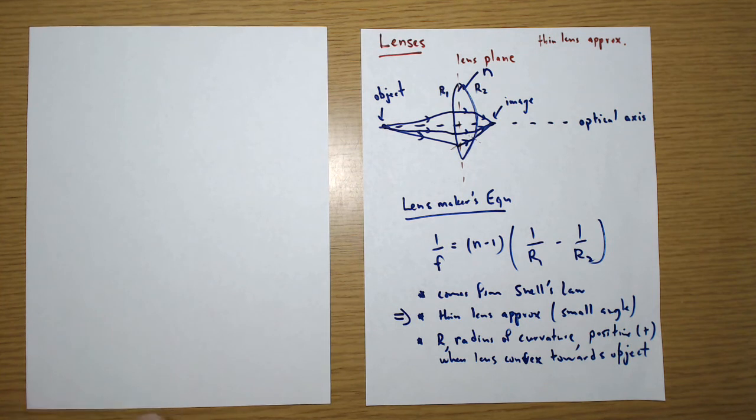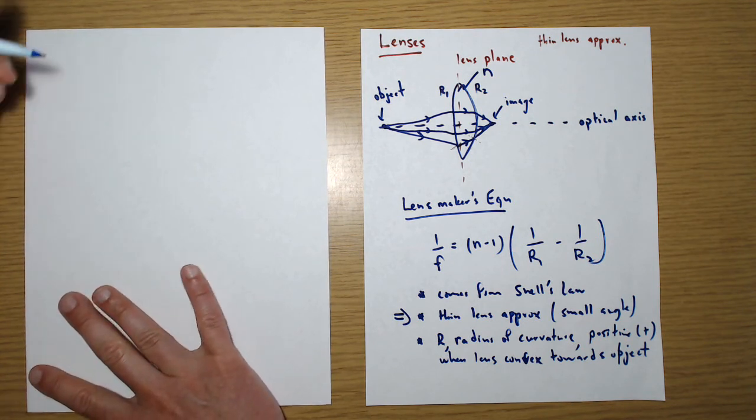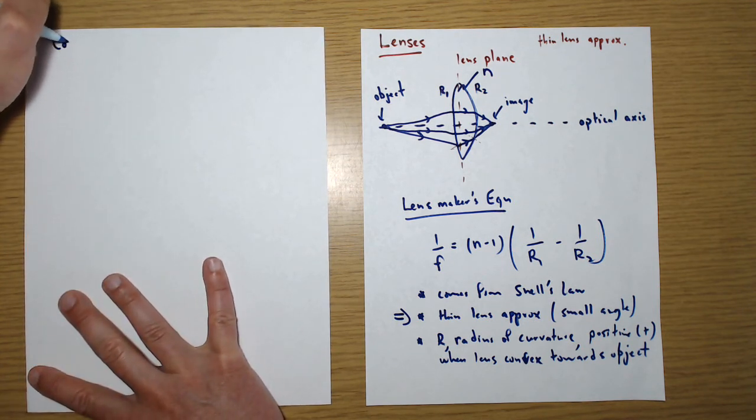Again, this works really well for most practical purposes, but if you have a really thick lens, or you're dealing with really small distances, or really large wavelength light, these approximations will break down. So let me first apply this to a converging lens.